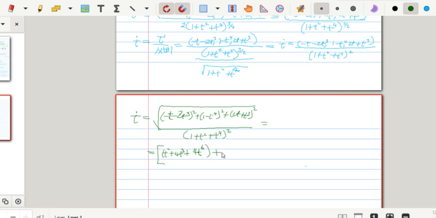Then the next one plus, expanding this here, you have 1 minus 2t raised to the power of 4 plus t raised to the power of 8.